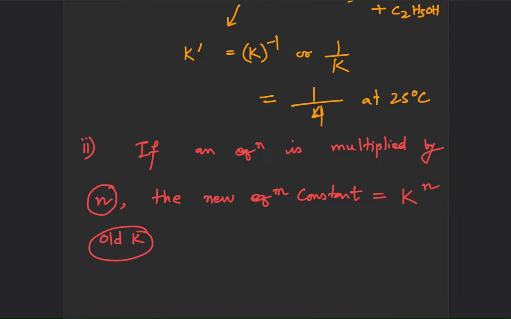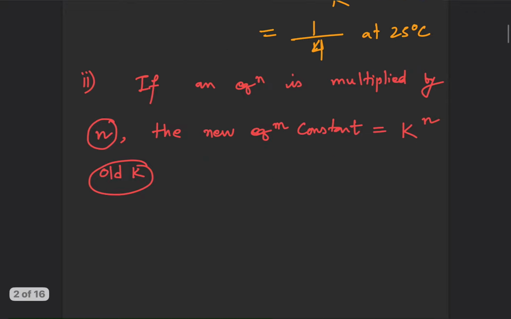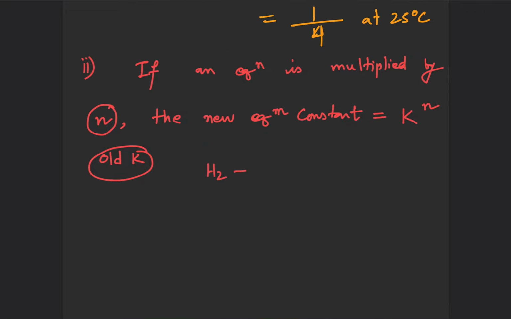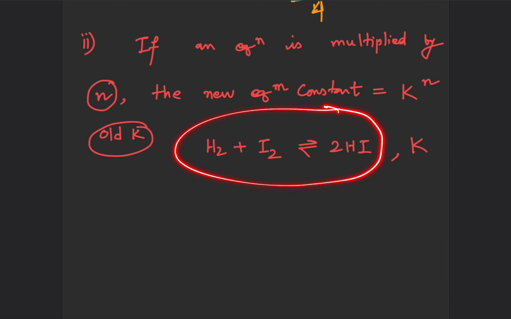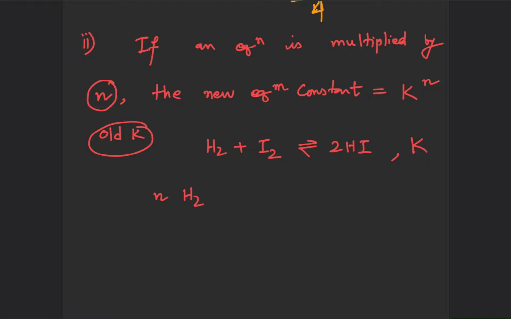For example, let us say we have an equation H2 plus I2 to 2HI. Let us say the equilibrium constant for this is K. And let's say we multiplied this equation by n. So this reaction will become nH2 plus nI2 giving us 2nHI.